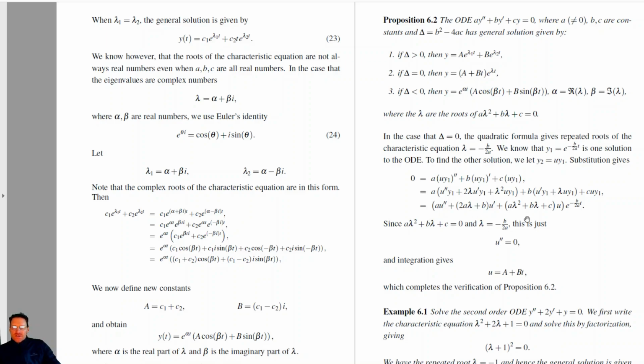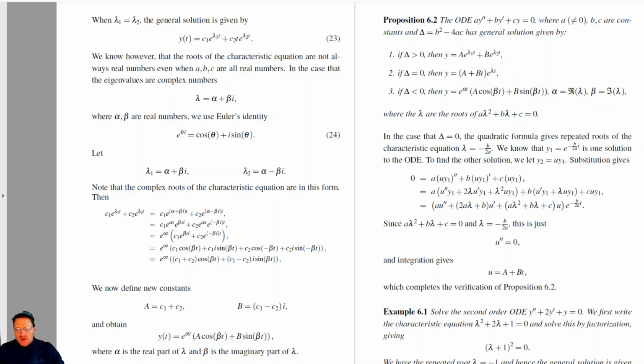So both of these two terms are 0. So the equation just becomes u double dash is equal to 0. Okay, and so integration gives us that u is equal to a plus bt, which completes the verification of proposition 6.2. That's the case 2 here, that we have y equal to a plus bt all outside of e to the lambda t.